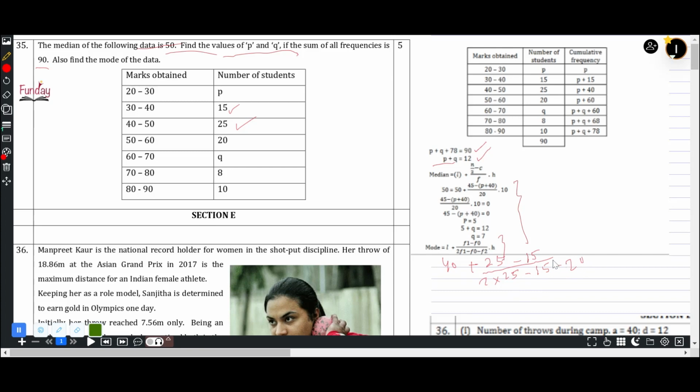So this works out to 40 plus 25 minus 15 is 10, over 50 minus 15 is 35, or 50 minus 35 is 15. Okay, so 5 2s are 10, 5 3s are 15. So 2 over 3 is 0.67. So the answer is 40.67. So that is the mode, right?